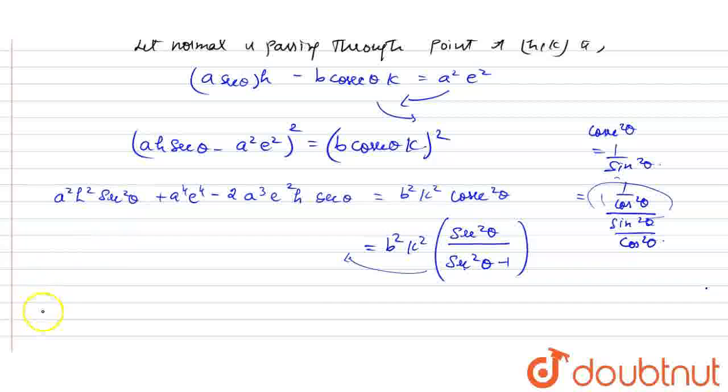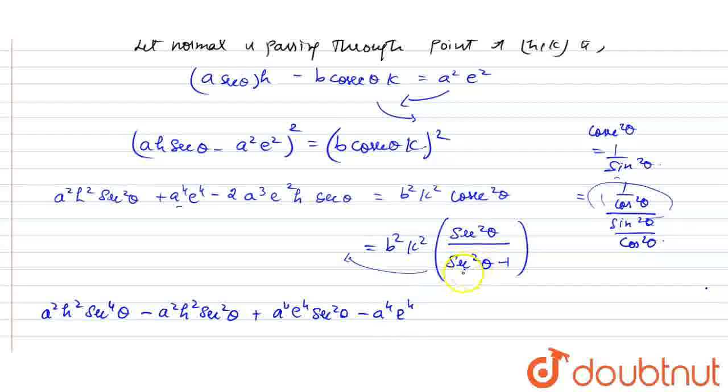So a square h square secant power 4 theta minus 1, minus the same value here, a square h square secant square theta plus this value. So this value is going to multiply with 2 times here. So a power 4 e power 4 secant square theta minus a power 4 e power 4.